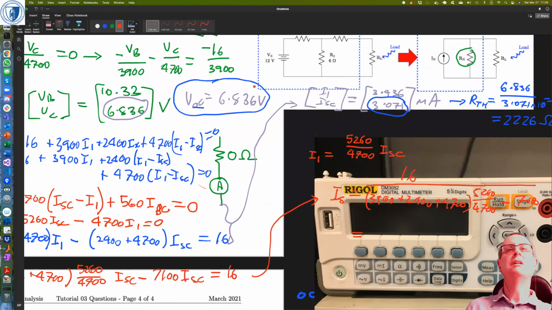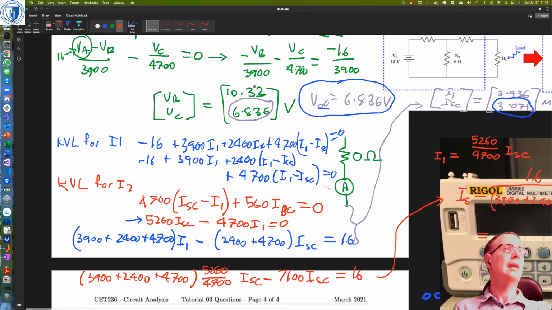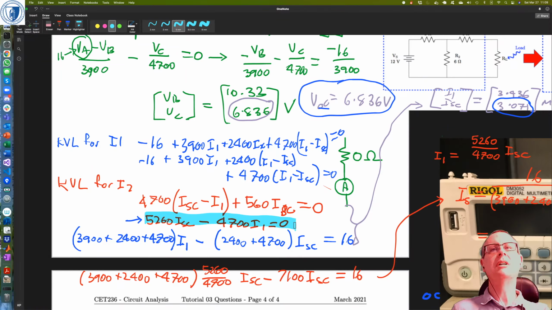Okay, very good. But it's good to see that, right? Once you've got an equation like this one, and there's only two equations with two unknowns, maybe that's an easier way to solve the problem, right?